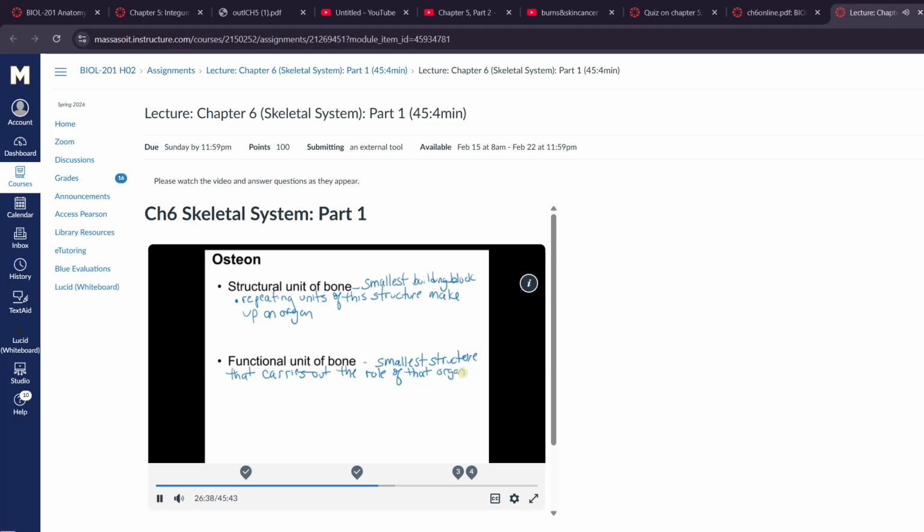If you think about the overall role of bone, we had different functions, but the overall role is that it's a weight-bearing unit. So we can say that the osteon is the structural and the functional unit of bone.